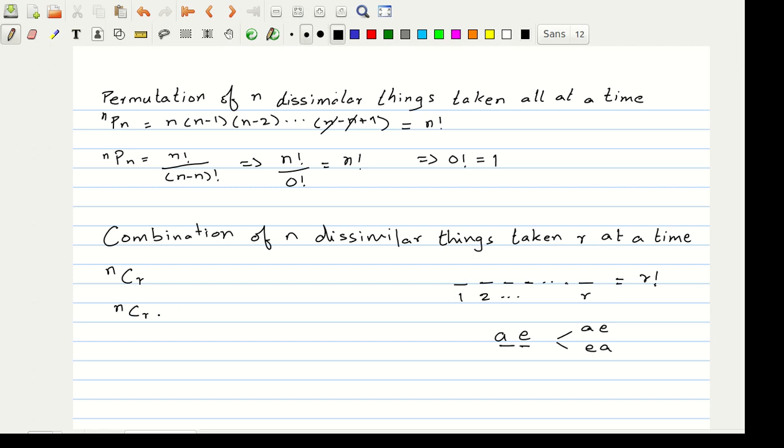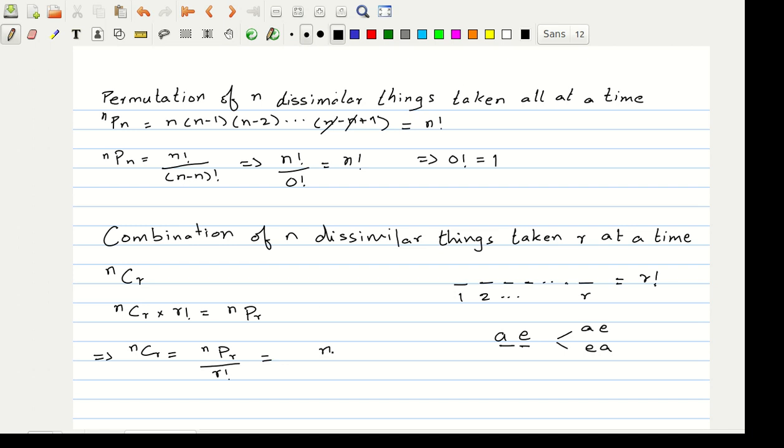So what we know is, if we multiply NCR times R factorial, we actually get NPR, right? So what should be the value of NCR? NCR simply should be NPR divided by R factorial. And what is NPR?